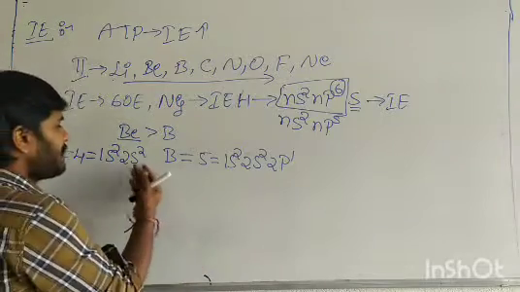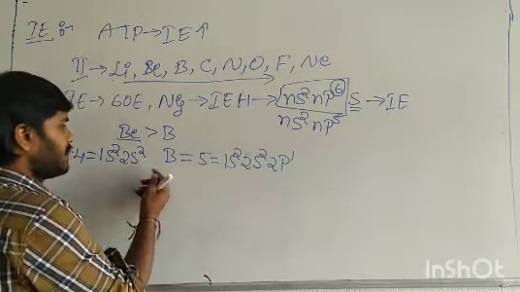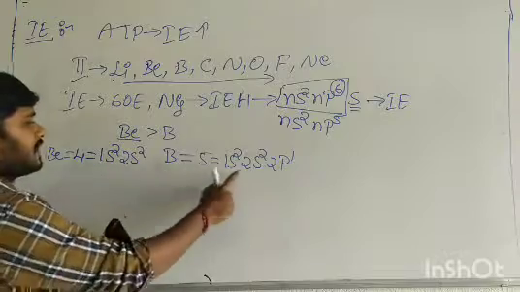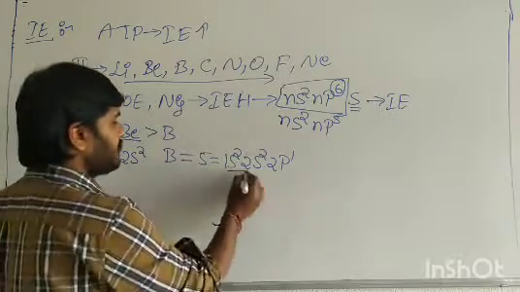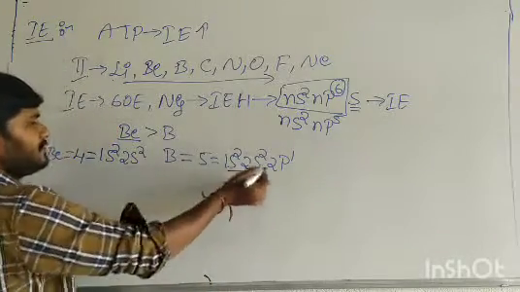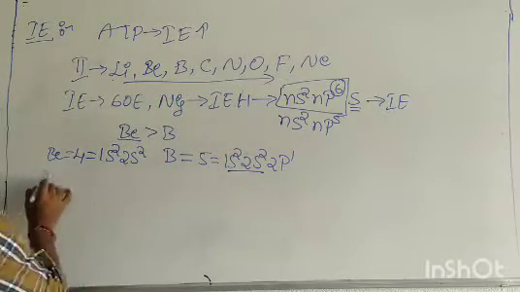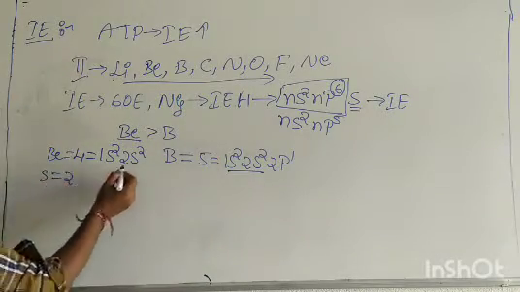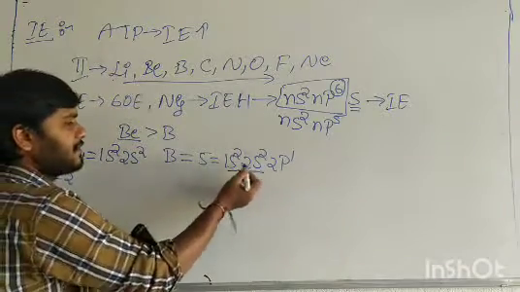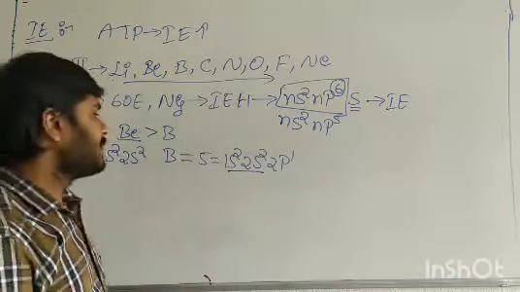Consider the inner core orbitals, here 1s2 and 2s2. The s orbital has the capacity to hold only 2 electrons, so these s orbitals are filled.